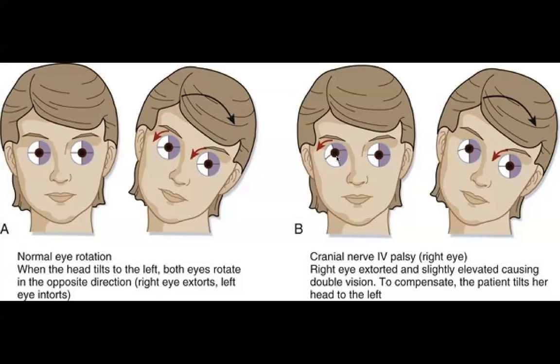Also, if you observe here, this is the normal eye, which is in the central position. If he is keeping his head straight, you will see that the eye is up. Now he tilts his head to the left to bring it to the center so that both get aligned.